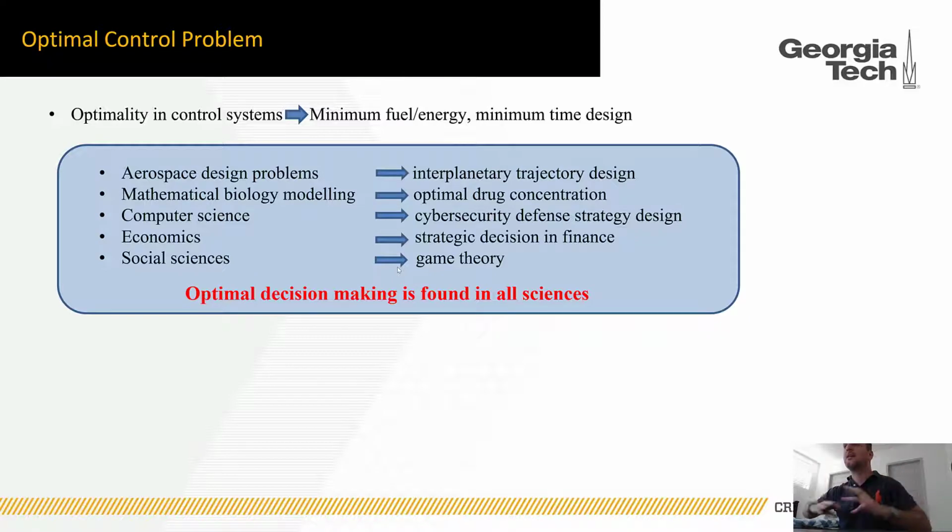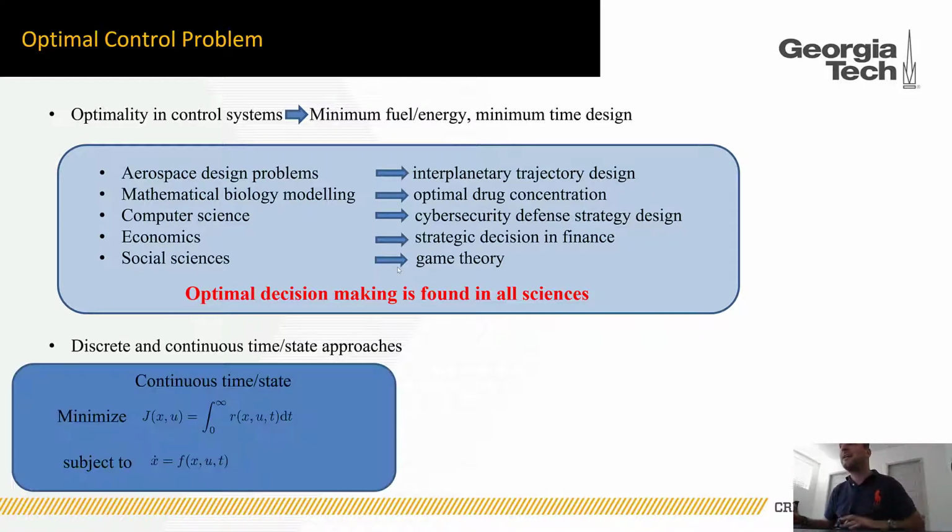So, as you can see here, optimal decision-making is found in almost all sciences. Systems can evolve in discrete or continuous time, and their actions and states can also be discrete or continuous.